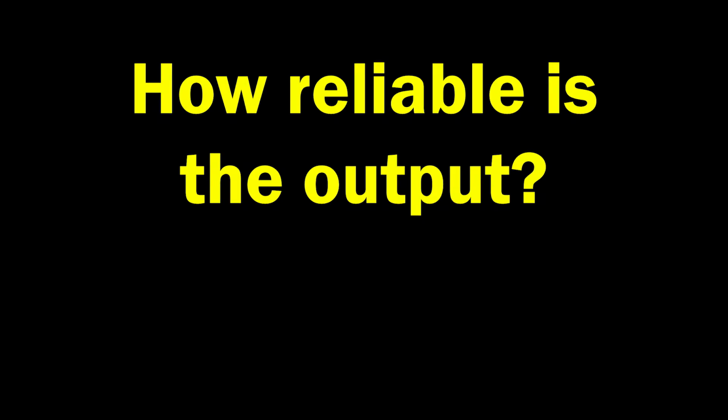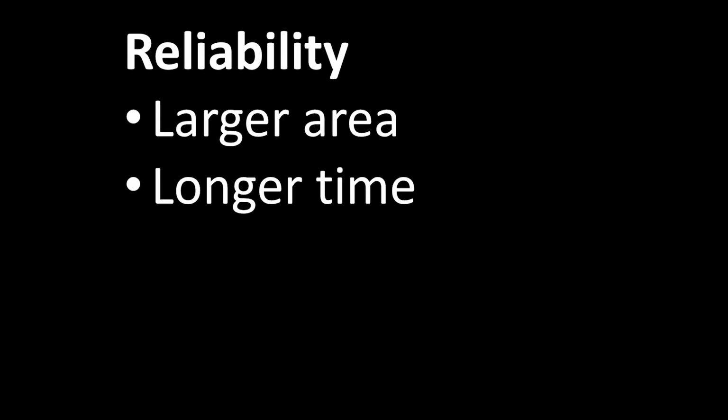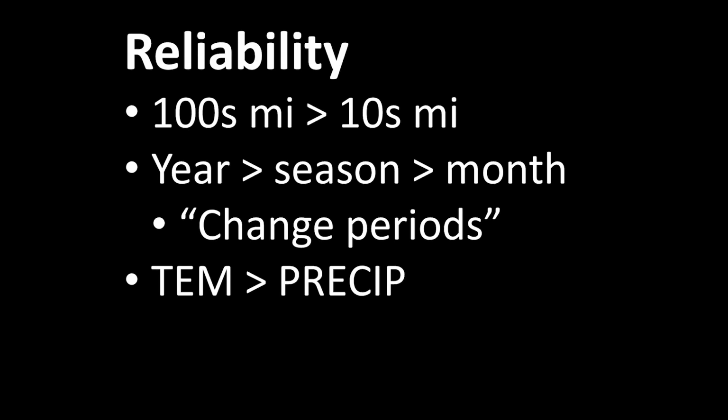How reliable is the output? A few rules of thumb. It's better for larger areas than smaller areas, and it's better over longer time spans than short time spans. We don't want to measure a projection for a single day in the future. So better over spatial scales of hundreds of miles than tens of miles, better for estimates of years rather than seasons or months or days, and especially useful for change periods, which is why I presented information earlier in those 30-year blocks.